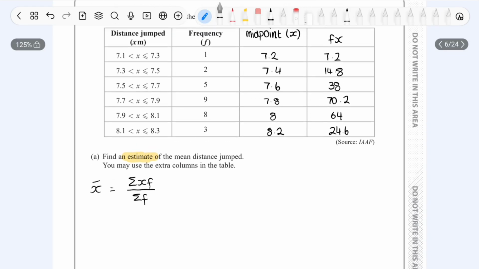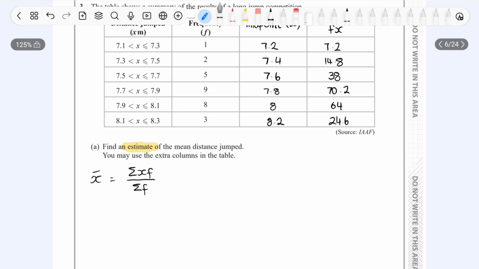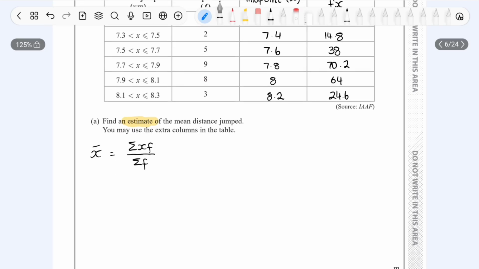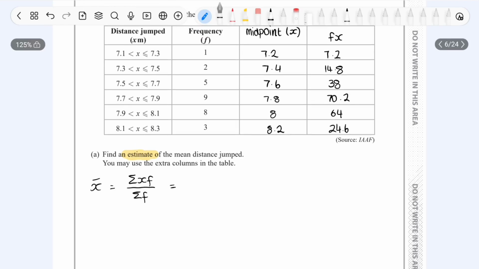Now you've got a sum of x times f, or f times x. I've written it the wrong way around here, but there's no right or wrong. I'll just sum them up, which is what this means. So I'm just going to use the formula and find the sum of all of these. So I'll do 7.2 plus 14.8 plus 38 plus 70.2 and so on.